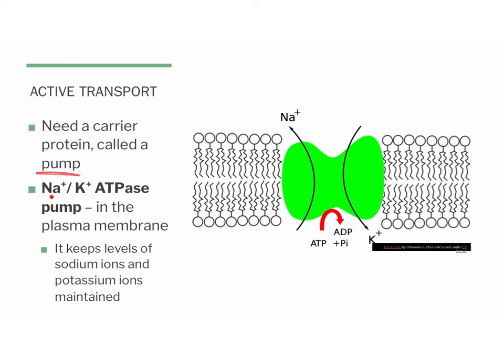One example is the sodium potassium ATPase pump. It's complicated how it works, and so we don't have to know the entire mechanism, but it is responsible for keeping your sodium ion levels and your potassium ion levels maintained within your body. So what you really need to know for active transport is just that this type of transport requires energy, and it moves from low to high concentration.